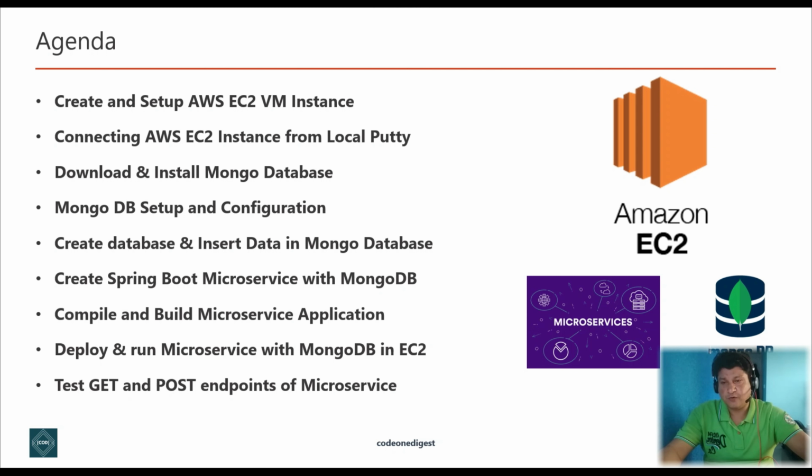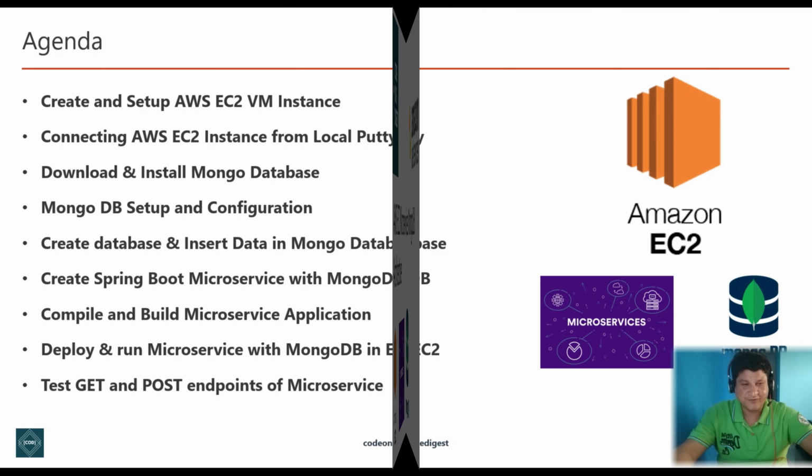We'll compile the code, we'll build the application, we'll create a jar file out of it, and then we'll deploy and run that microservice with MongoDB in the EC2 instance. And then finally, we'll test the endpoints, get and post contracts of our microservices. Yes friends, it is a very good video for a beginner who wants to learn AWS and cloud technology. So be with me till the end of this video. It is going to be very, very interesting.